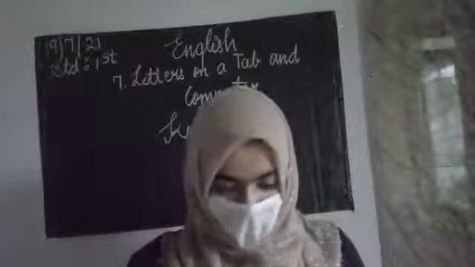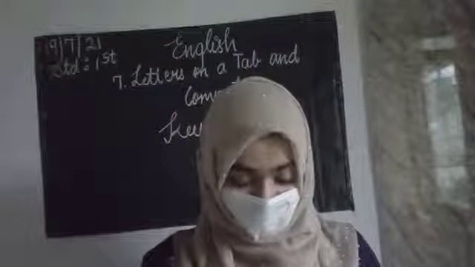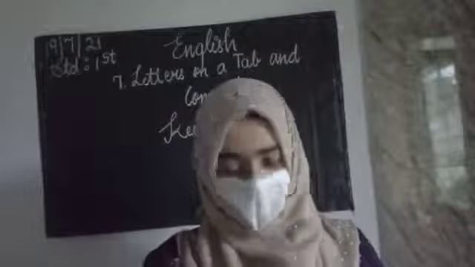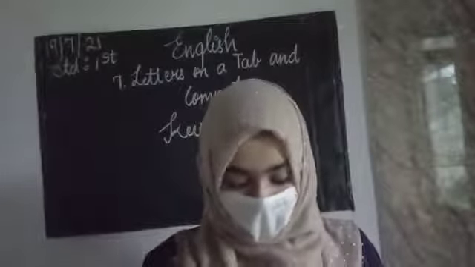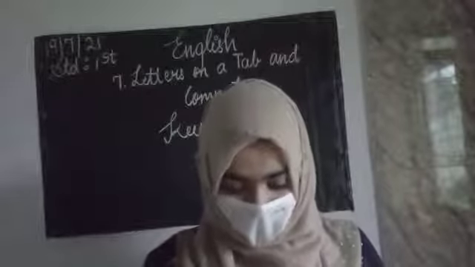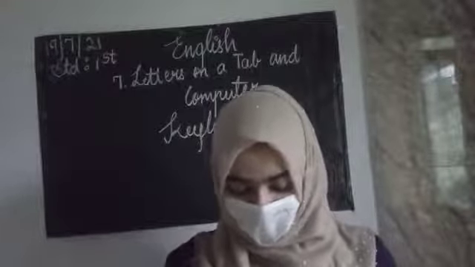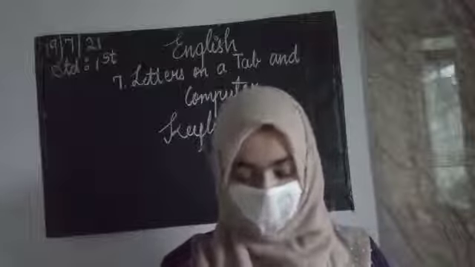Okay. So see, open your textbook page number 8. Which letter is first? Q. Yes or no? Yes, the first letter is Q. Then W. Then E. Then R. Then T. Then Y. Then U. Then I. Then O. Then which letter?